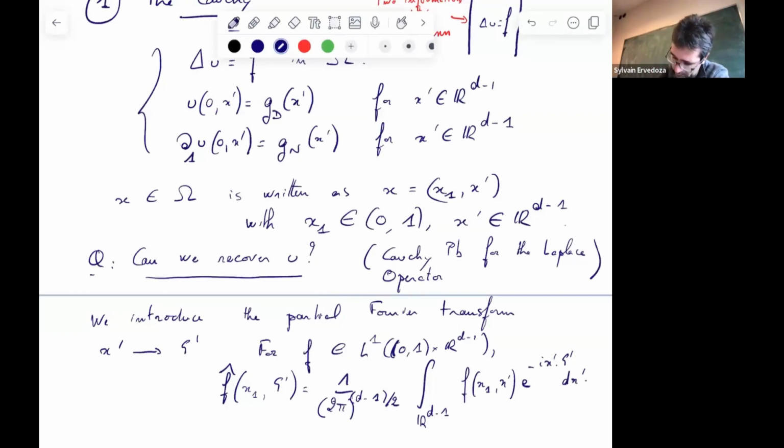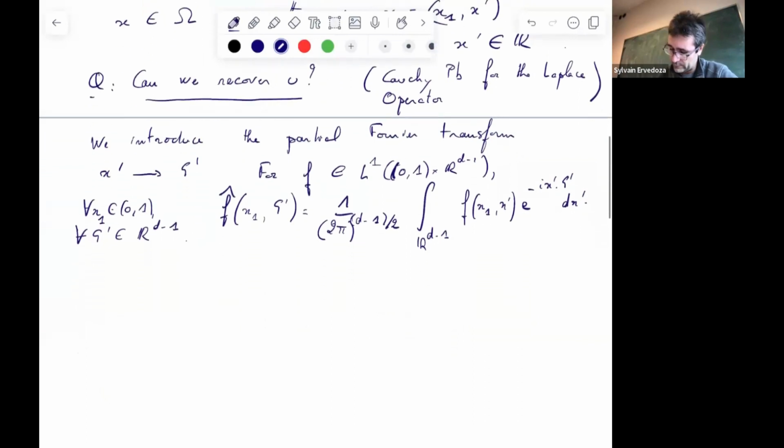Okay, so this holds for x_1 in (0,1) and for psi' in R^(d-1). Once you have the partial Fourier transform, this is very helpful to understand what happens in the x' direction, right?